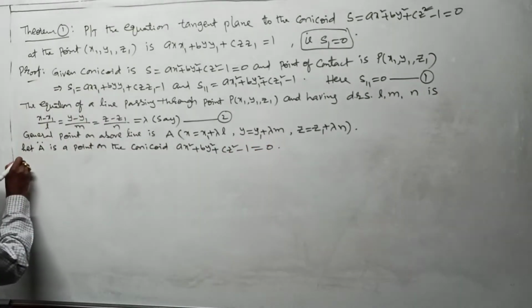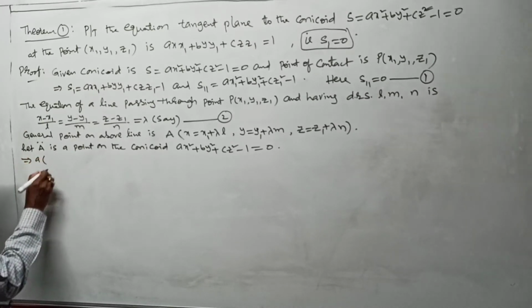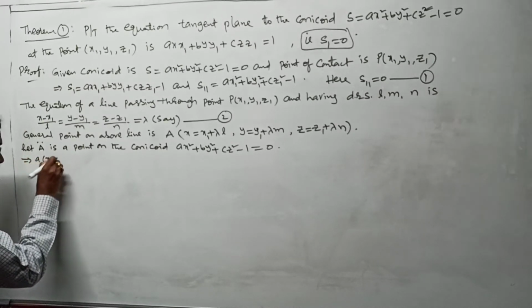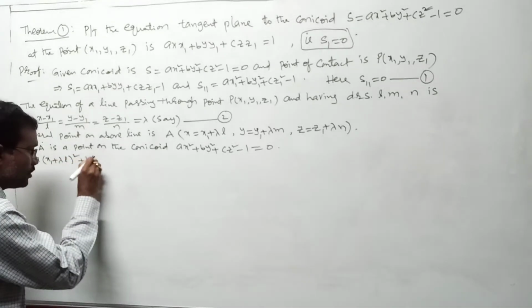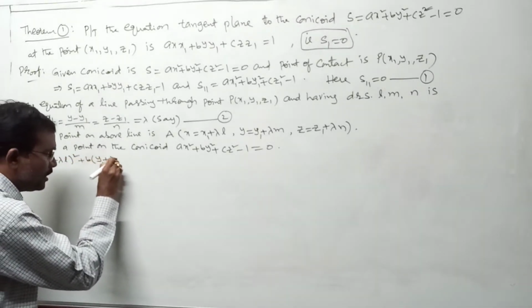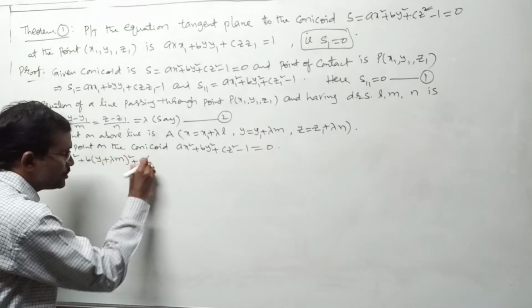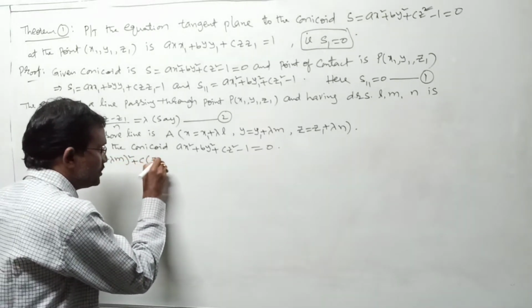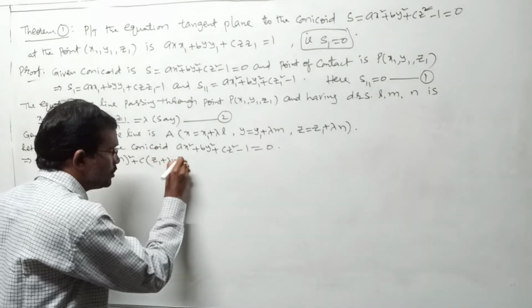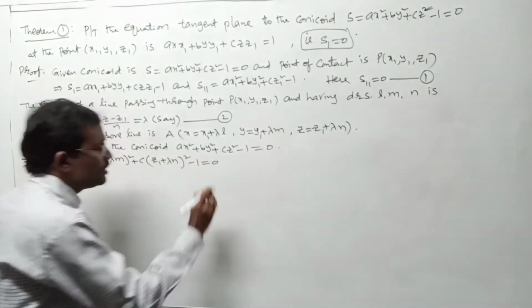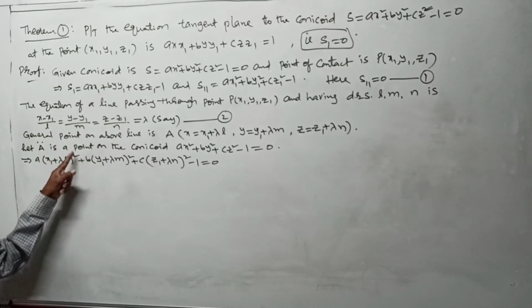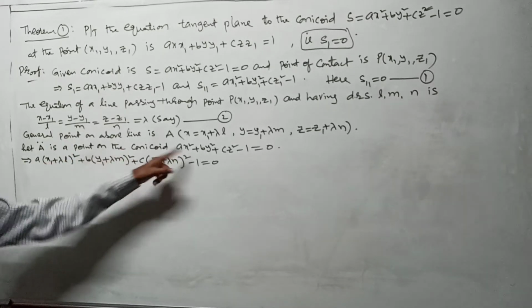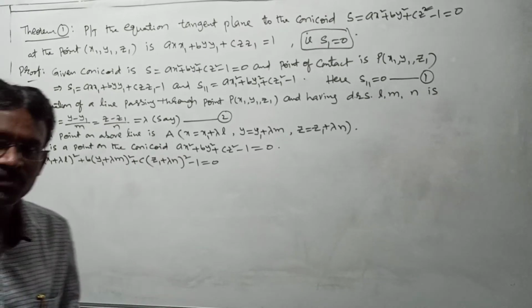Then what we get? a(x1 + λl)² + b(y1 + λm)² + c(z1 + λn)² − 1 = 0. In the next step, let us expand this according to (a + b)², and write the λ² coefficient, the λ coefficient, and the free-from-λ coefficient separately.